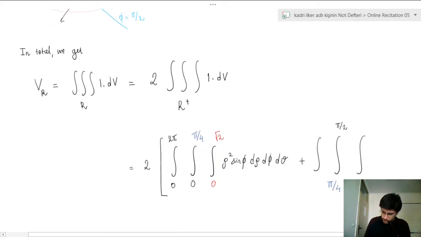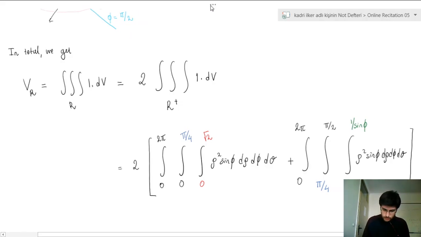Therefore, rho goes from 0 to this sort of value. And the rest is easy because it's 0 to 2 pi, nothing new, but this part is again standard. Something like this, d rho, d phi, d theta, and that's all.